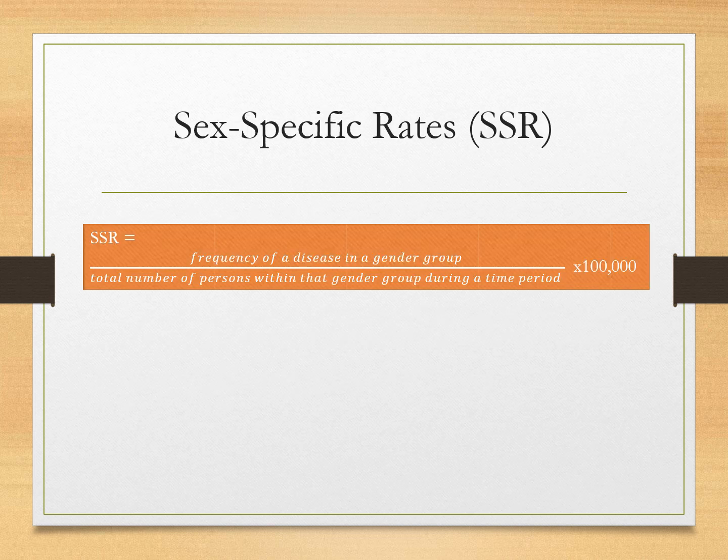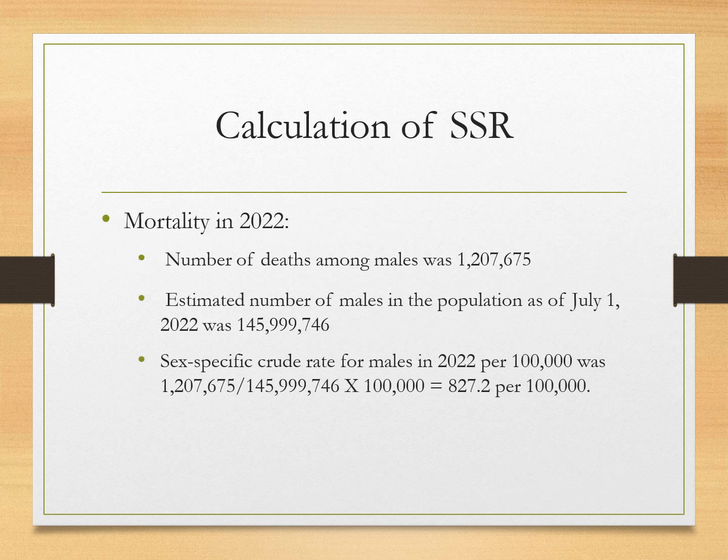Similar to the age-specific rate, you can take the same approach to calculate sex-specific rates using this formula. So here's an example of how you calculate the sex-specific rate. In 2022, the number of deaths among males was over 1 million, with an estimated male population of over 145 million as of July 1, 2022.